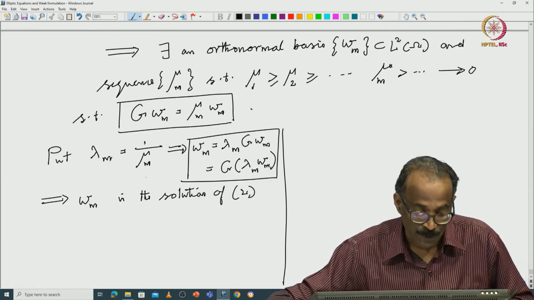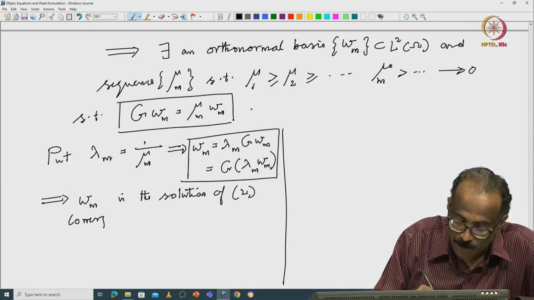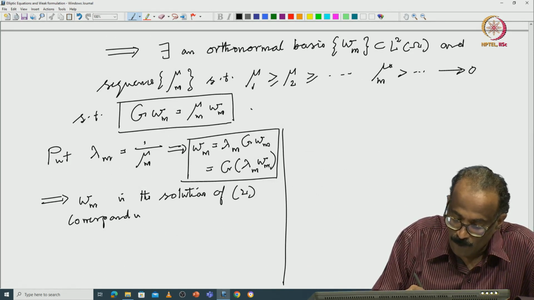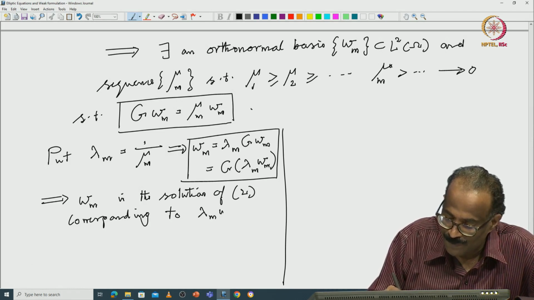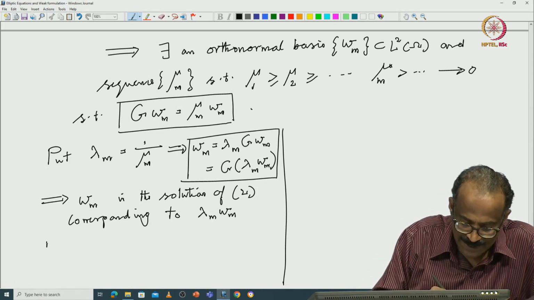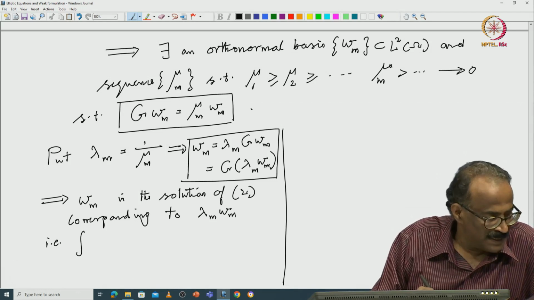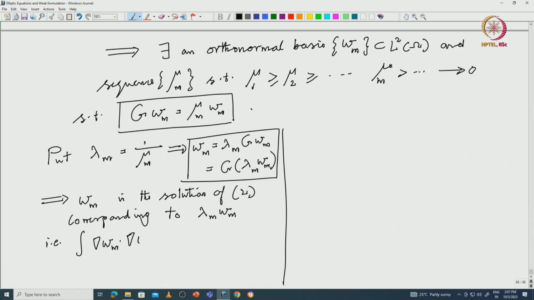So, w_m is the solution of 2 corresponding to lambda_m w_m. Therefore, integral of gradient of w_m, gradient of v, is equal to lambda_m integral of w_m v. This is true for all v in H1 naught of omega.